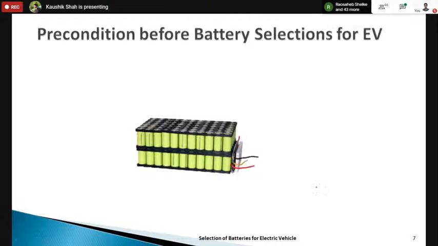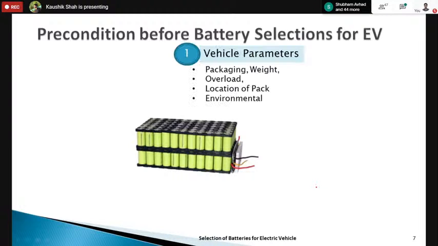All right, now I'll go the similar way I mentioned for the drive selection, for battery selection. There are a lot of commonalities. Vehicle parameters are important, but you look at this from the battery context.